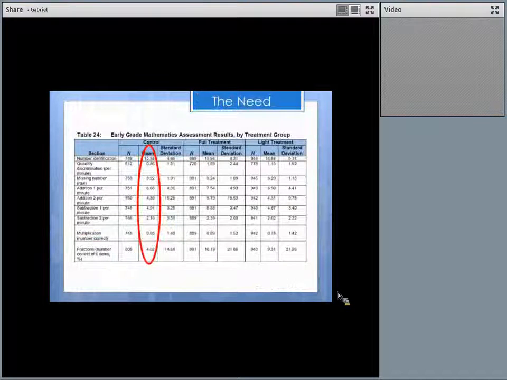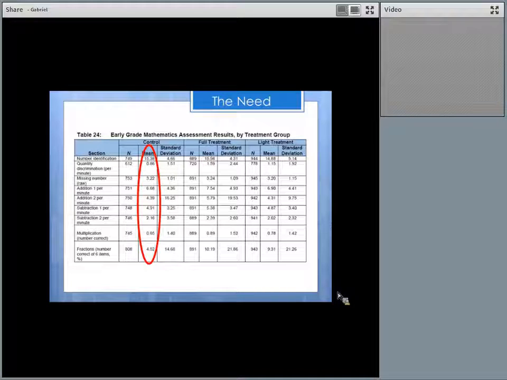So if you look at these, these are a number of measures that we did with a significant number of children across Liberia. And data would say that, for example, on measures of quantity discrimination, where children were asked to identify which number was larger, they were unable to identify one of those in a minute.